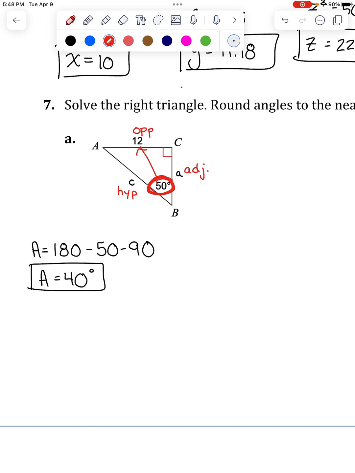I don't know the adjacent either, but I'm solving for that one. So I'm going to work with adjacent and opposite. Remember SOH CAH TOA. Opposite and adjacent is tangent. Tangent of the angle equals the opposite divided by the adjacent.